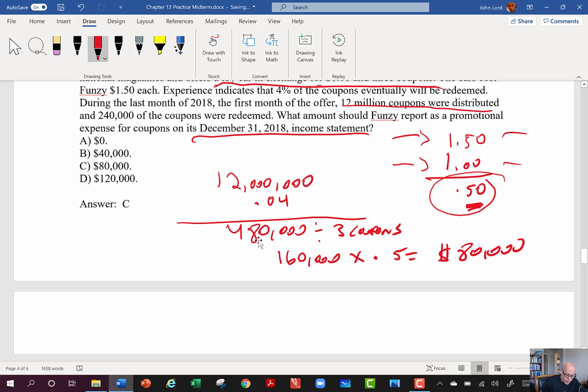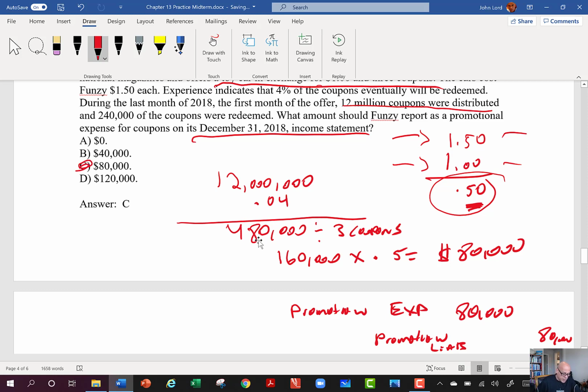So we're going to debit promotion expense $80,000, and credit promotion liability $80,000, which is the answer to this question.